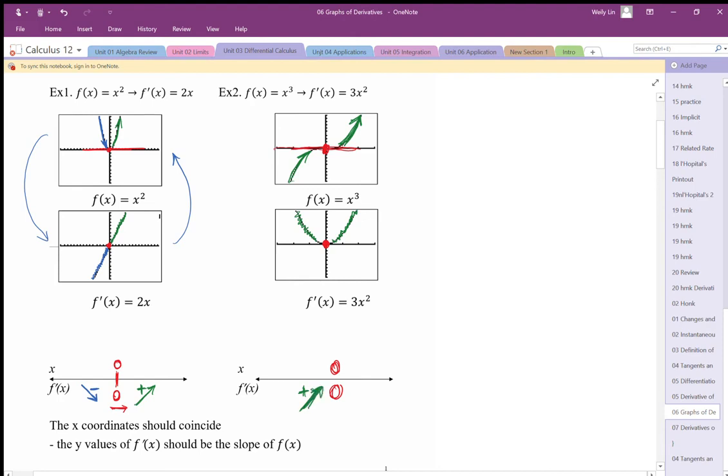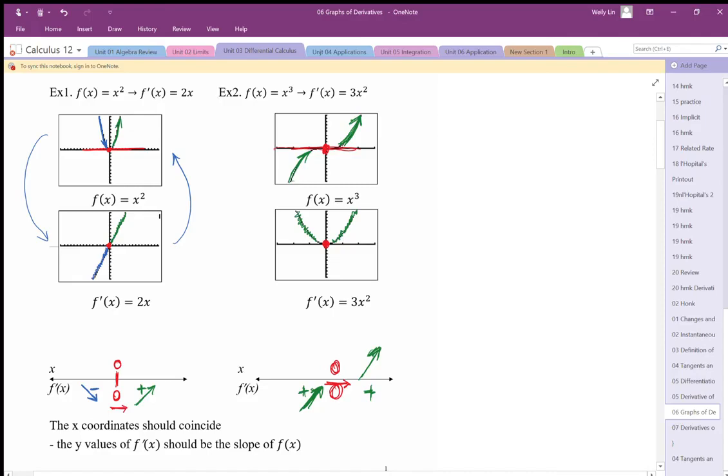At the 0 slope, I'm going to have a horizontal tangent that comes across like this. And then on the other side, my slope is still positive, so it's going to continue to go up in this manner. Okay, so this is what indicates a slide, or if you take a look at our graph here, the original graph, this slope chart allows me to have a sense of what the original function looks like.